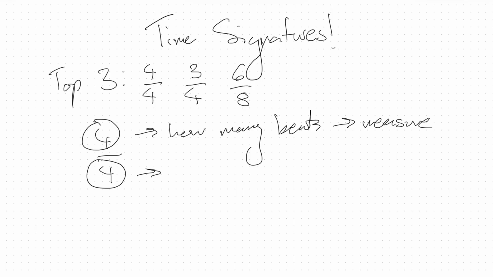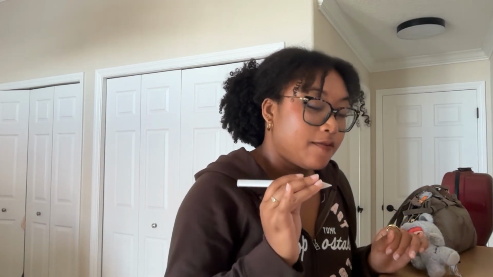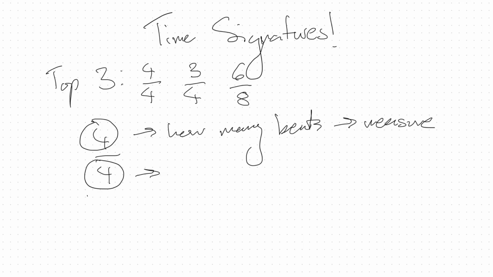And you may be confused on how that's going to tell us which note gets the beat. What do we mean when we say which note gets the beat? When a note gets the beat, it gets the downbeat, which is the first beat. According to the 4 here, that means that the quarter note gets the beat. So that means the quarter note gets 1 beat.